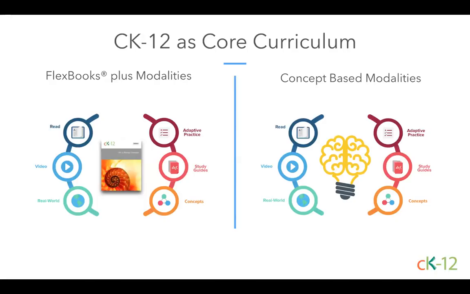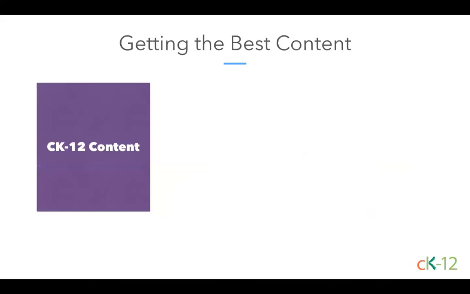I know that the purple group is made up of struggling readers, so I might have them watch a video first, then do an interactive, and finally read a basic level lesson. The green group might start with the interactive, then do the read, and finally an activity where I give them a writing prompt. Remember, you can use CK-12 and its modalities as is with no customization needed.